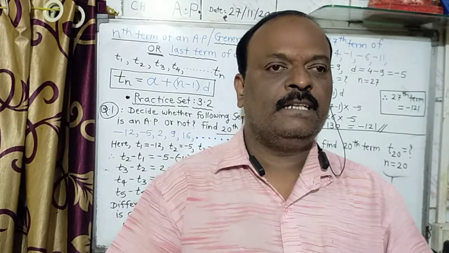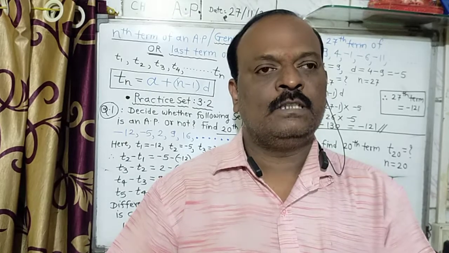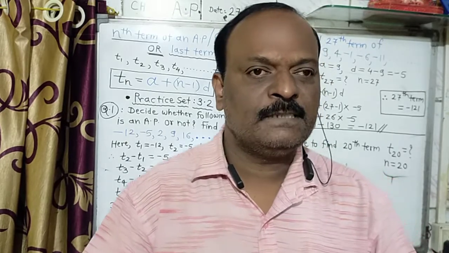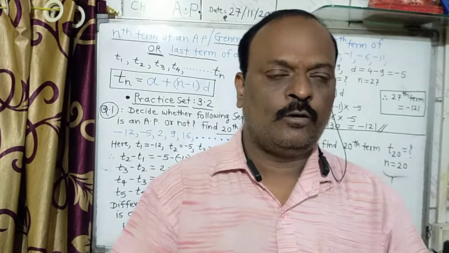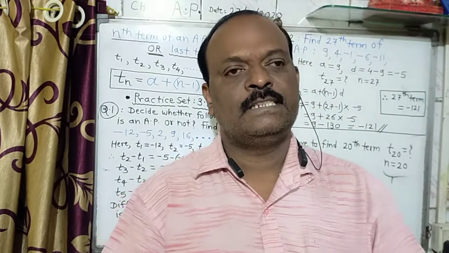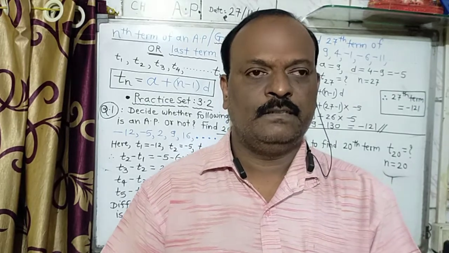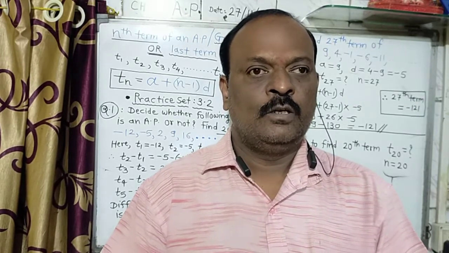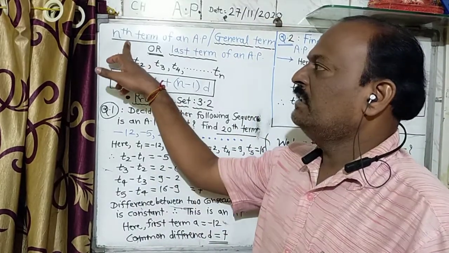In the previous period we saw the first term, second, third, fourth and the common difference between them. D is for common difference, and the first term A is equal to T1. Today we are going to learn the nth term.